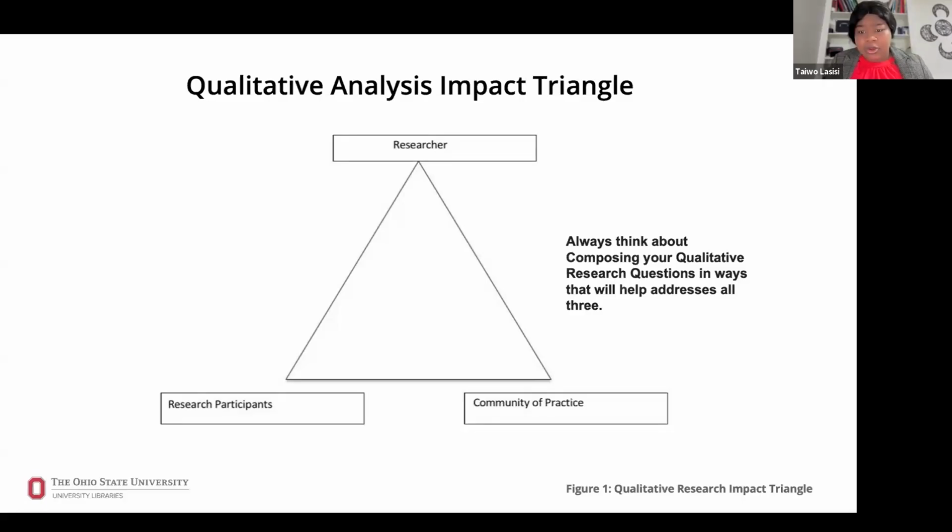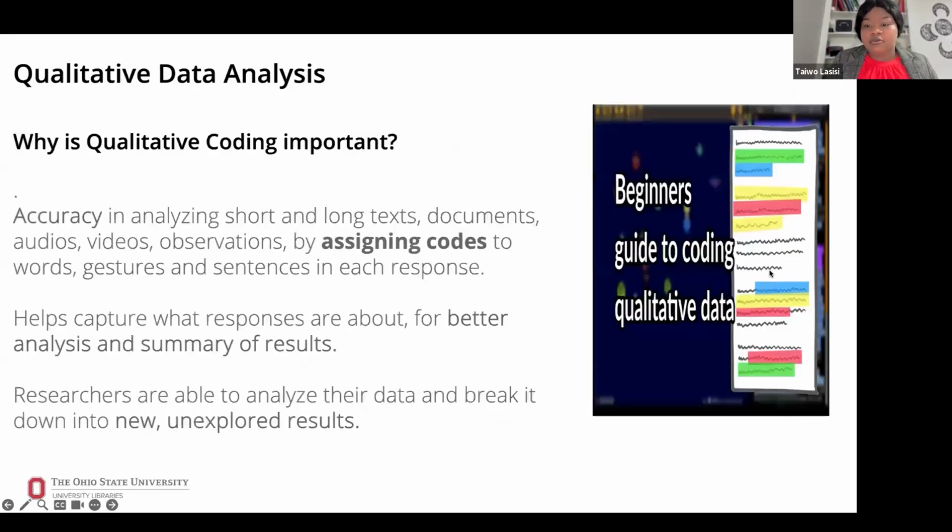And when I talk about benefit, like I said, it does not have to be material in any way. It can just be your contribution to knowledge, but in a way that it would also benefit your community. So think about yourself, what benefit would this research be to your study? Think about your research participants. Also think about your community of practice. So, qualitative data analysis.